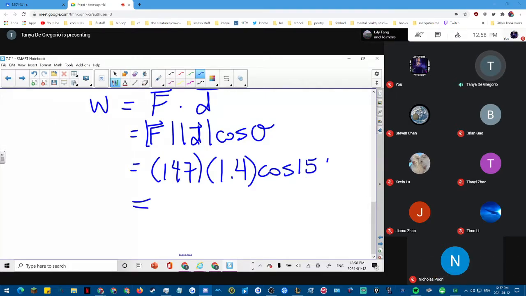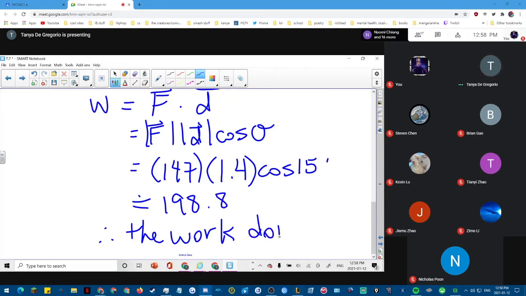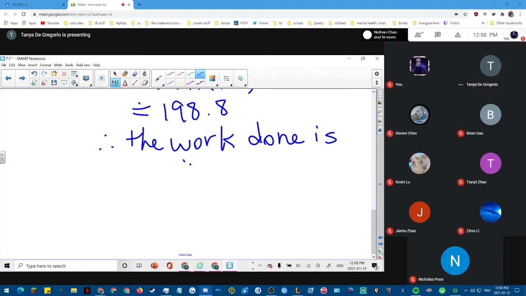And now just approximate it to 1 decimal place, please. 198.8. Good. Therefore, the work done is 198.8 joules.